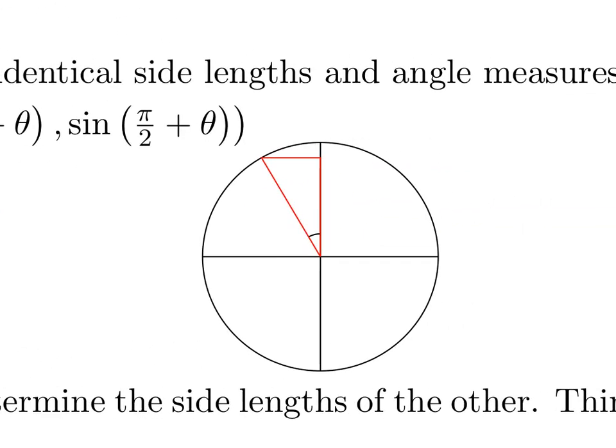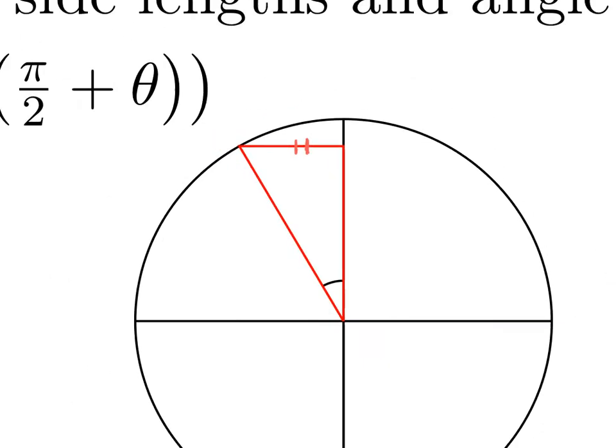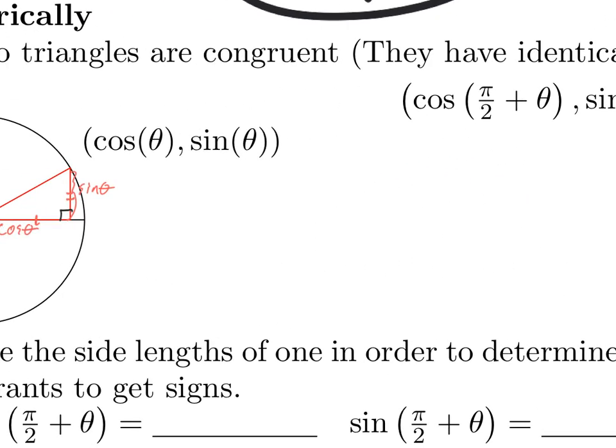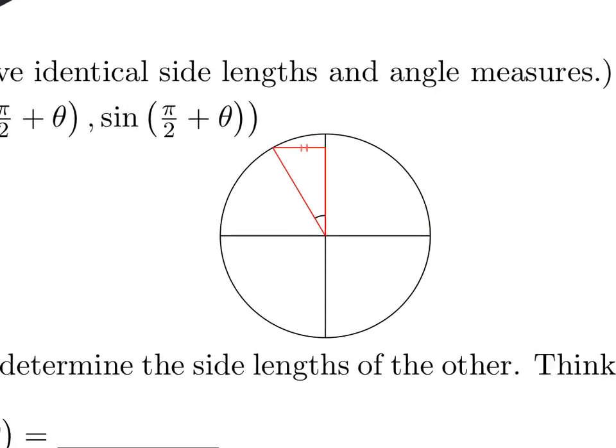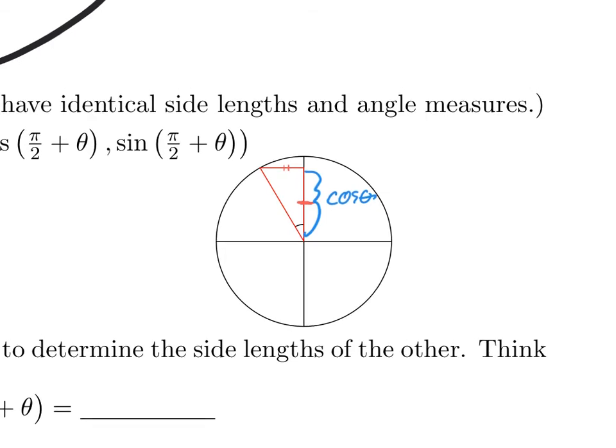So, over here, I see that this side length is the same as the one that's labeled as double dash on the other side. And this one is the one labeled as single dash. So that means that this distance must be exactly the cosine of theta, because that's what single dash was labeled as. Maybe I'll even put an arrow on it. Whereas this distance is the sine of theta.